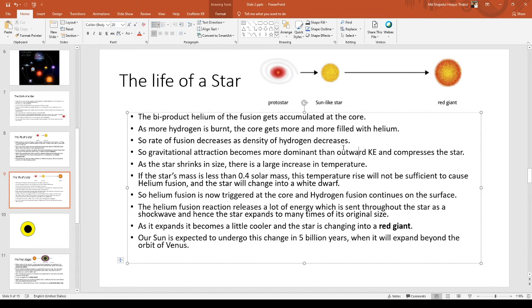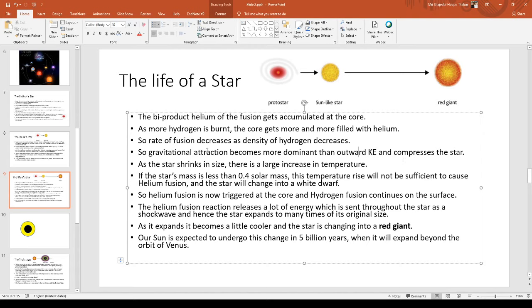Sorry about that. Okay, so rate of fusion decreases as the density of hydrogen decreases, and also as the gravitational attraction becomes more dominant than the outward kinetic energy and compresses the star.